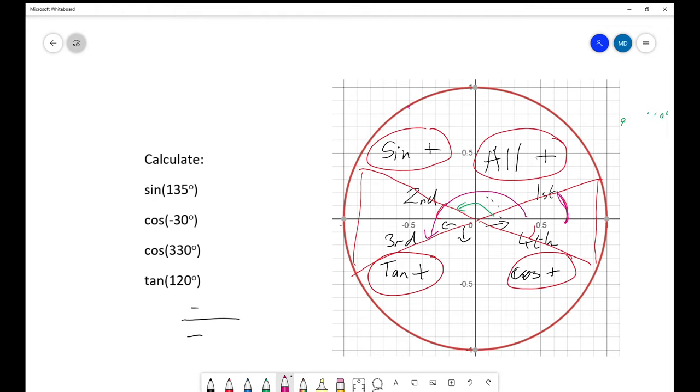And then once you know that, you just ask yourself, I know what my value of tan is here, so it must still be positive. Or maybe I'll be asking myself, what about my value of tan here? Well, I know that sine is positive here, therefore tan isn't. Therefore, my value here is my bow tie value, but negative.